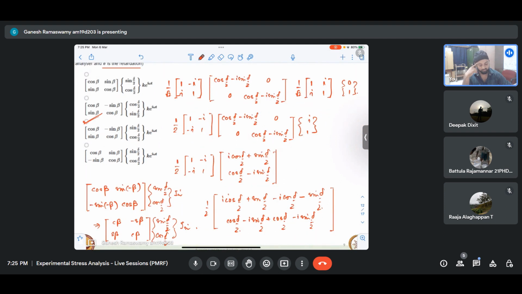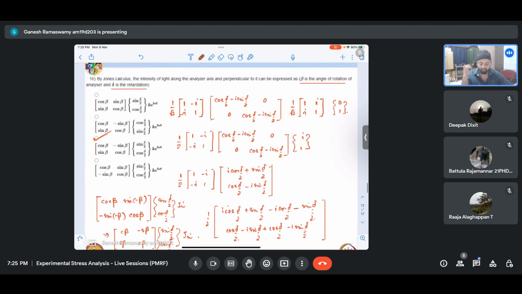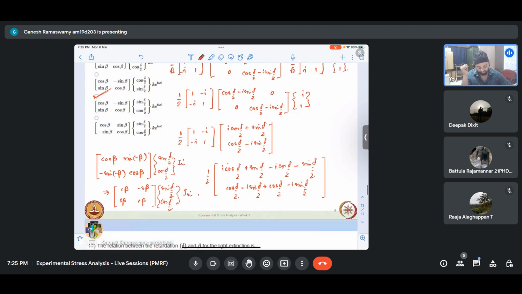Anyway, this has been discussed in detail in the lecture, how we got this. You can also cross multiply it out, and you'll be able to see this is what we will be getting towards the end. If there are any questions here, please do ask. Otherwise, we can move to the next question.